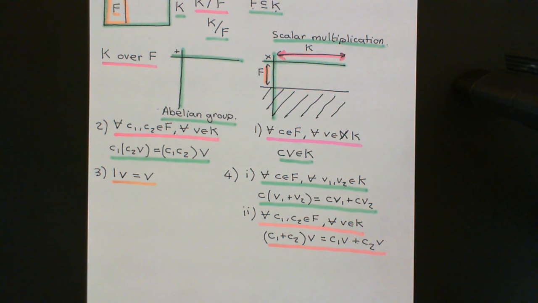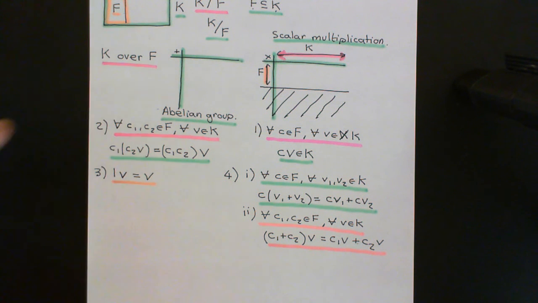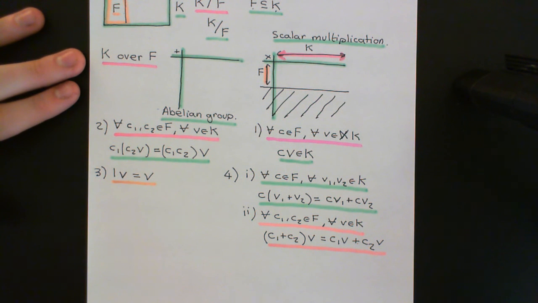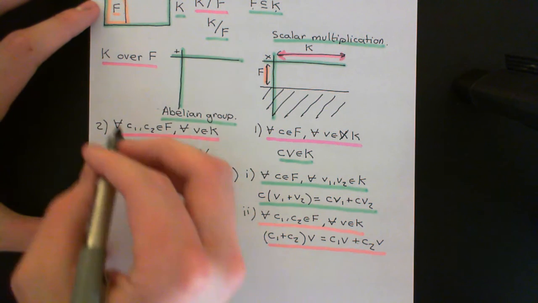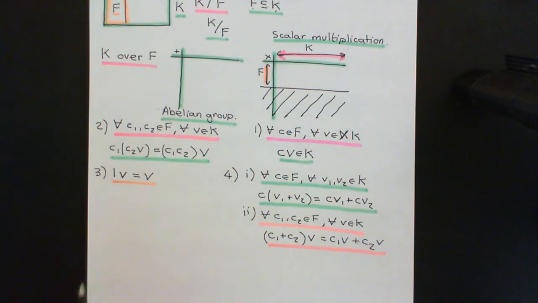to field extensions, let's talk about the degree of a field extension. So this field extension K, because we can now view it as a vector space over F, a natural question to ask is, what is the dimension of this field extension? Now it might turn out that the field extension viewed as a vector space over F has infinite dimension.